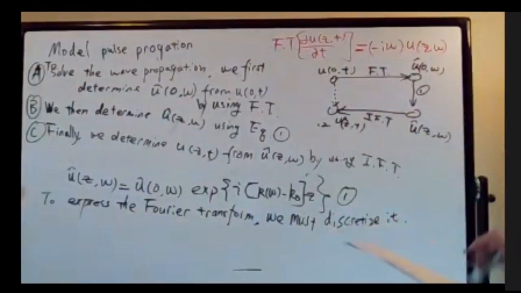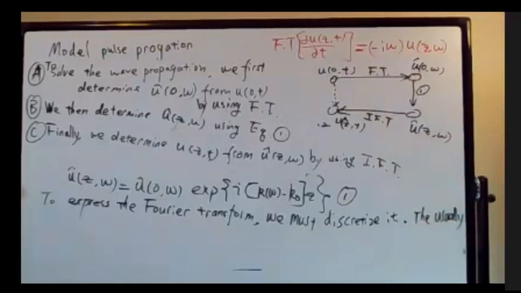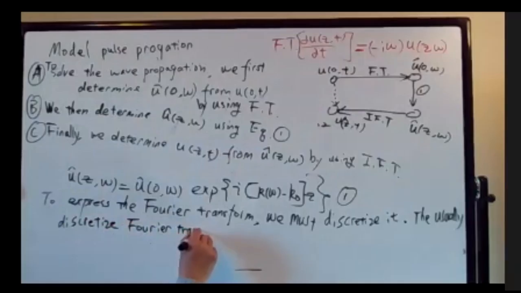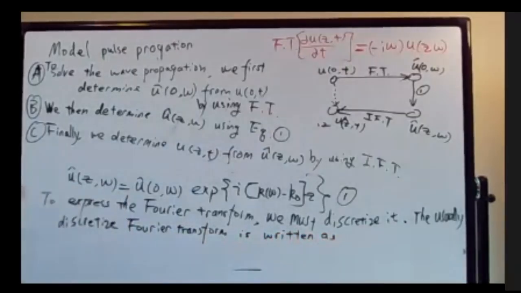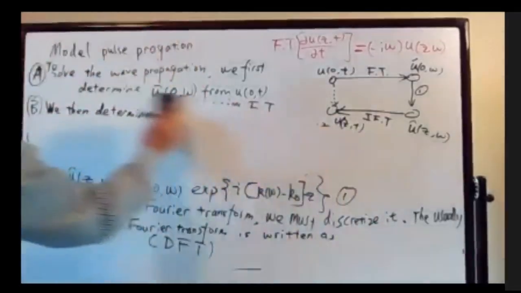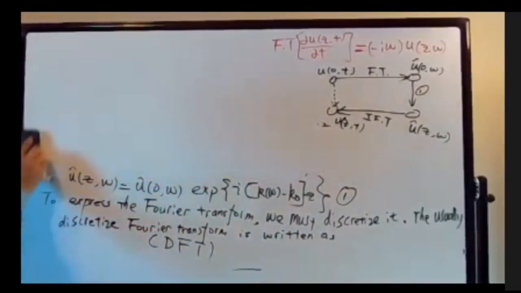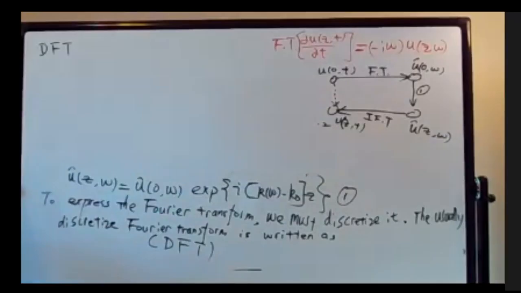So the usual discretized Fourier transform, this DFT, is written as, let me write it on the top also, corresponding to the Fourier transform, but now it's discretized.